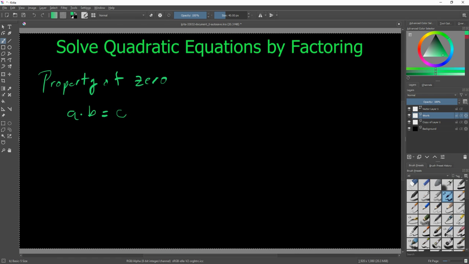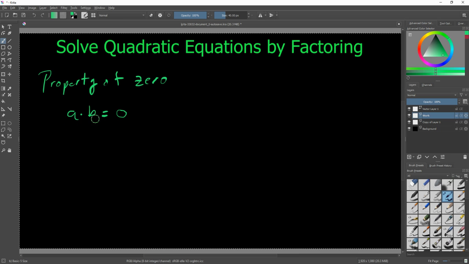But if you have two numbers that multiply to be zero, then what do you know about these numbers? Like if I say a is 1, what does b have to be? B has to be 0, right? And if I say a is any number, b has to be 0 for it to work. Like 1,000 times 0 is 0, 99 times 0 is 0. And now if b is any other random number, like 500, then a has to be 0.